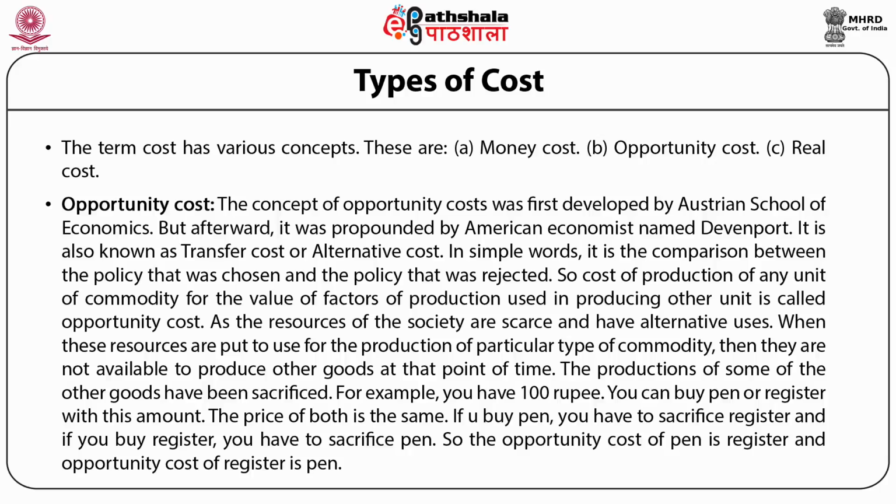The price of both is the same. If you buy the pen, you have to sacrifice the register, and if you buy the register, you have to sacrifice the pen. So the opportunity cost of the pen is the register and the opportunity cost of the register is the pen. So the opportunity cost is the next best alternative that you have to sacrifice. It is the cost of the next best alternative good.